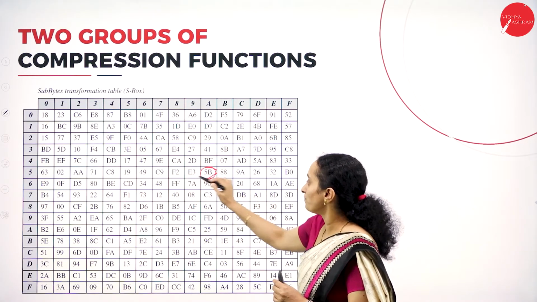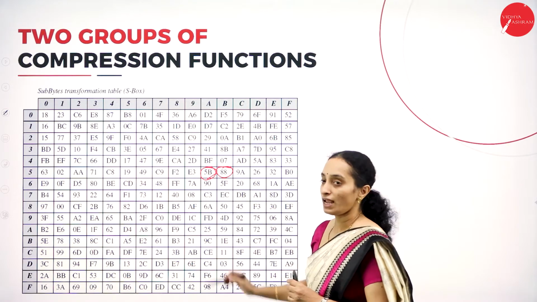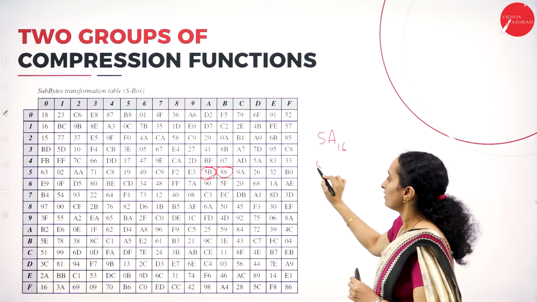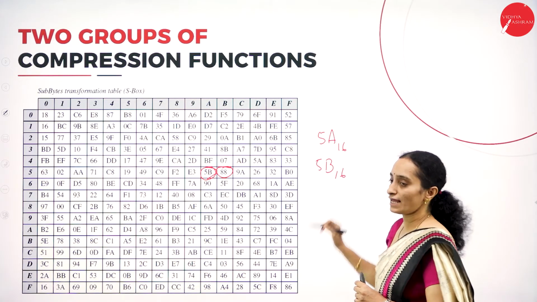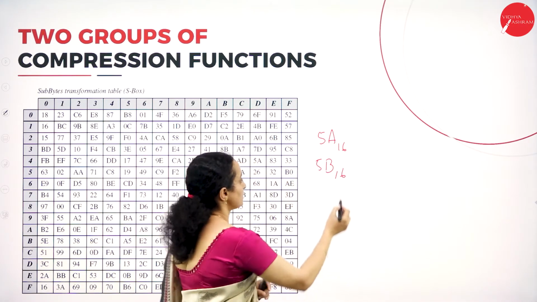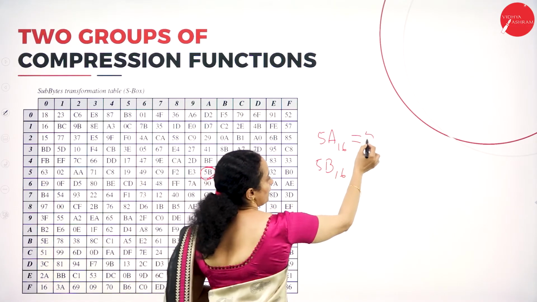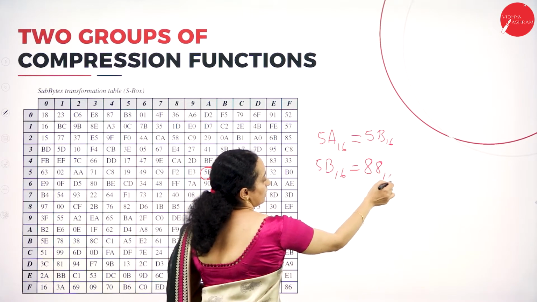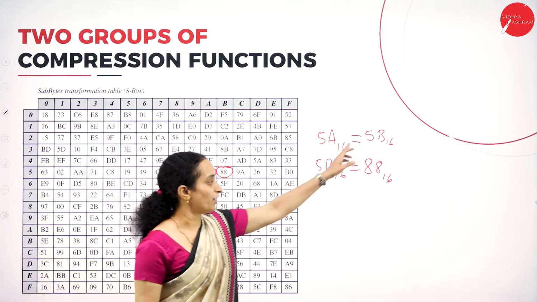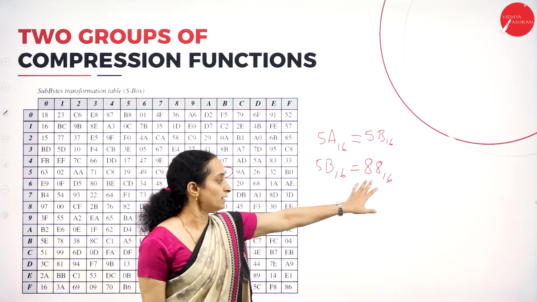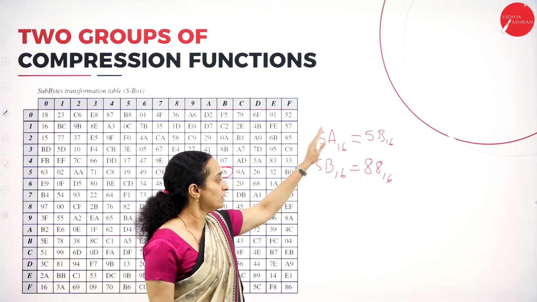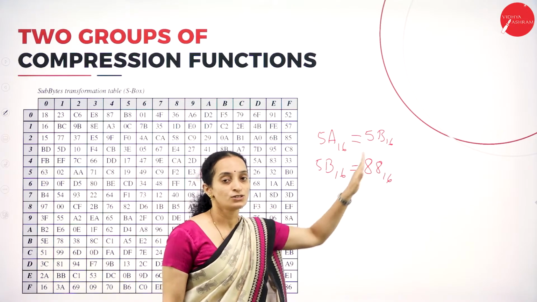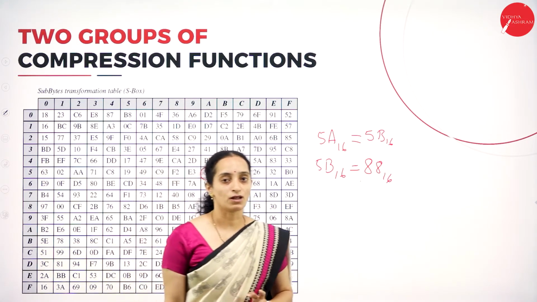When you take 5B, next we have 88. So 5A and 5B represented in hexadecimal will be transformed to 5B and 88 in hexadecimal. These two values are transformed like this using the SubBytes algorithm.